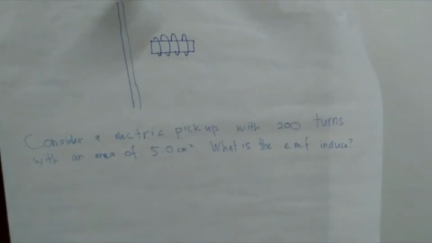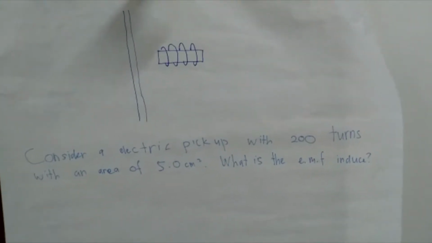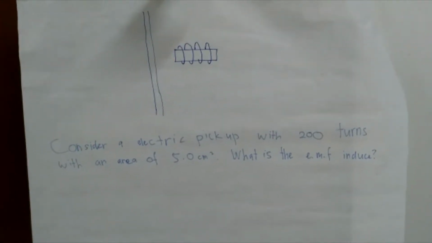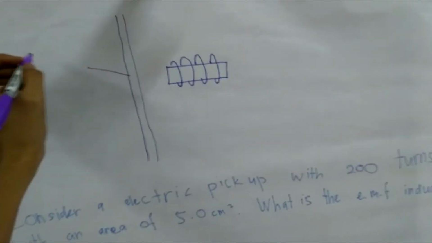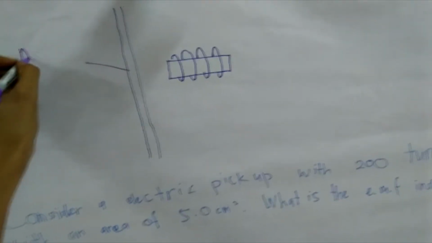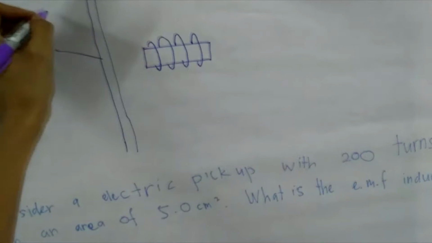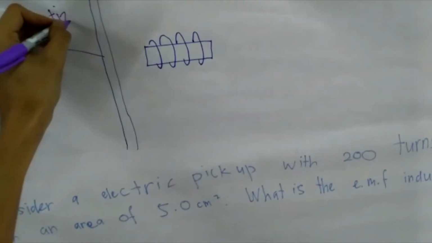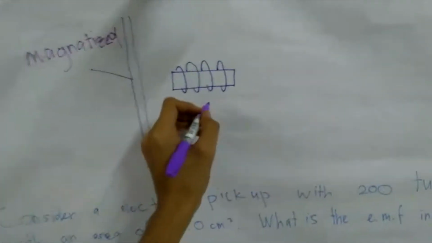We'll be talking about our electric guitar and its problem, and how we can solve it. So we can see here, this is the string of the guitar, which is magnetized. And this is the pickup of the guitar.